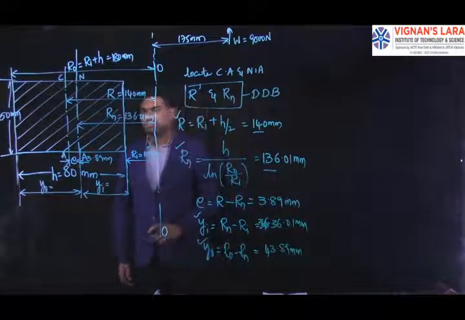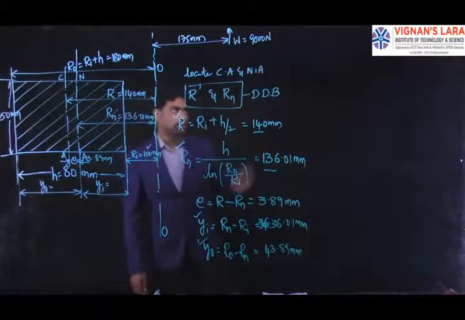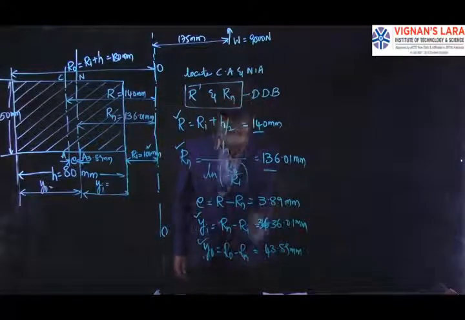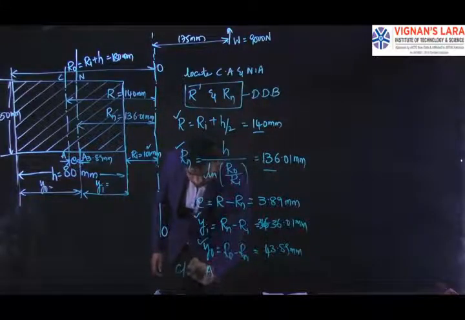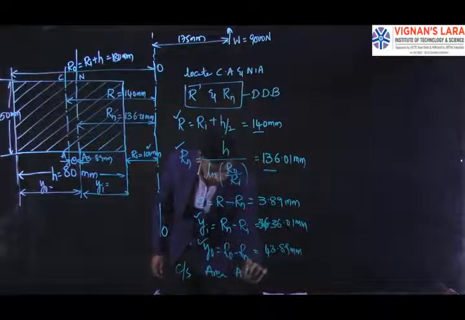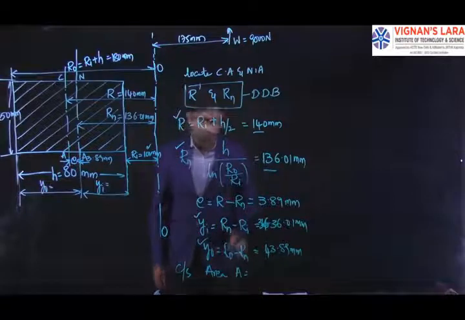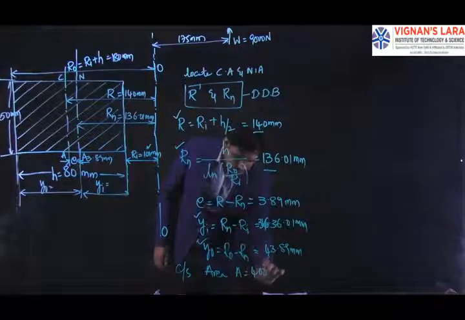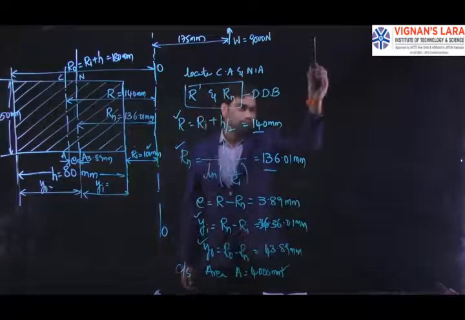Clear? So you can get yi and y naught, and you can also find the cross sectional area, denoted by capital A, which for the rectangular cross section is width into depth.